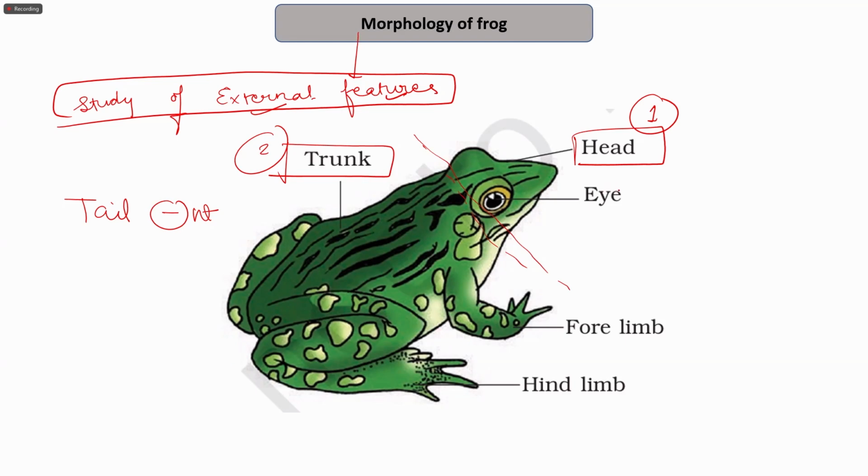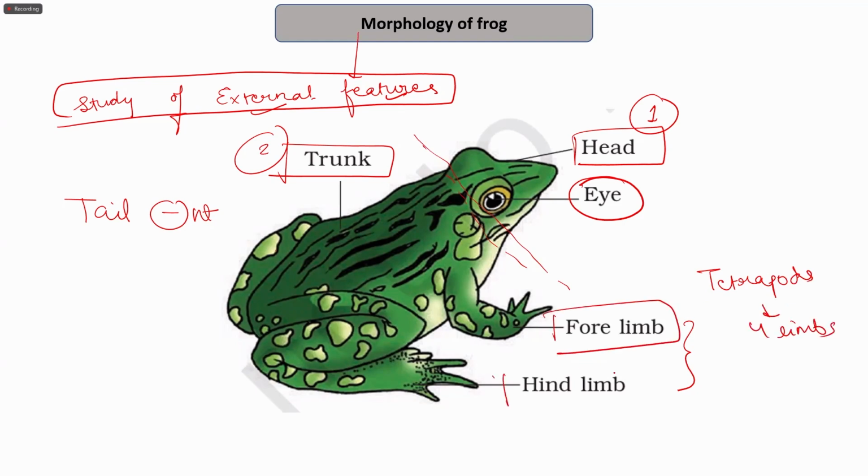And in the head region, a pair of eyes is present. And we have limbs also. We know that they are tetrapods, that is, they have four limbs. So we have a pair of forelimbs and a pair of hind limbs.